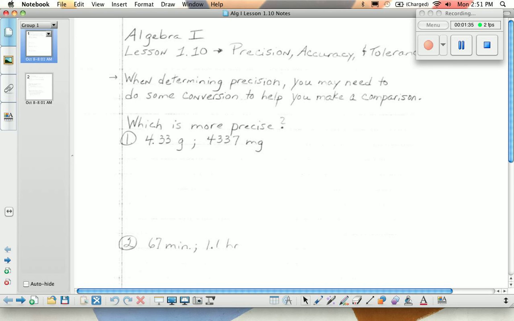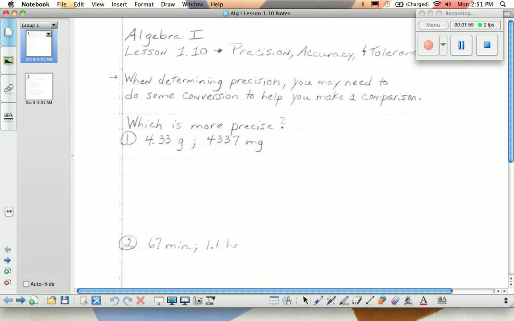So when we talk about something being measured precisely, we talk about it being measured to the detail of the smallest unit of measure. So which one's measured to the smallest unit of measure? Now, here's where it gets confusing. Which one is smaller, milligrams or grams? Milligrams are smaller, but does that mean it's more precise in this case?